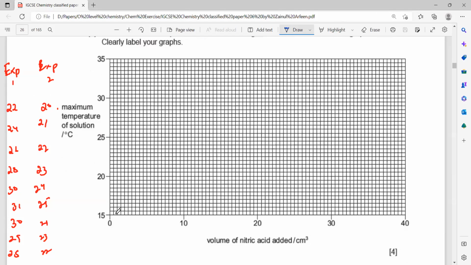So two boxes equal 1, so this will be 5, this will be 15, this will be 25, and this will be 35. Now we mark the points.